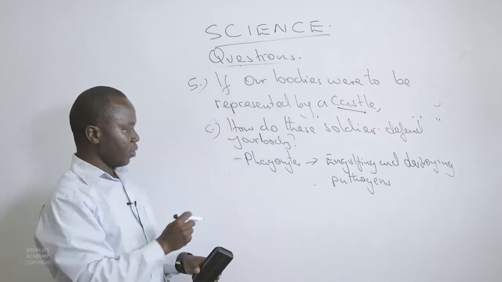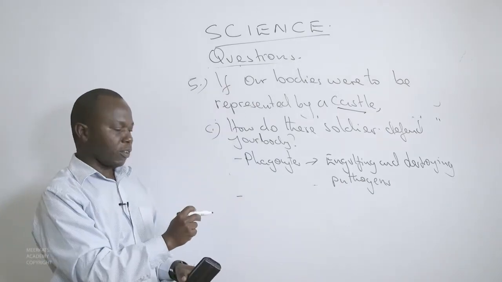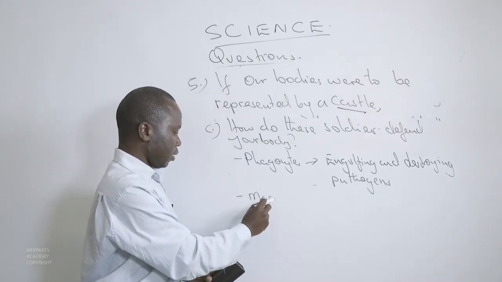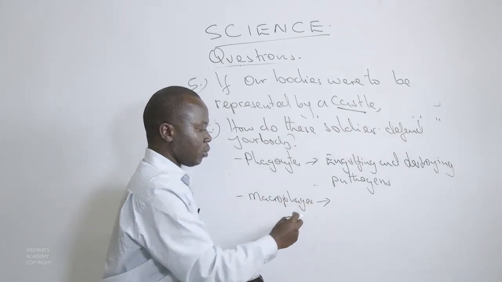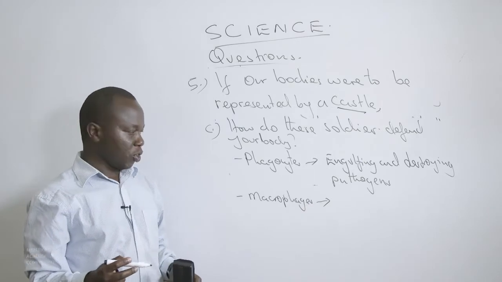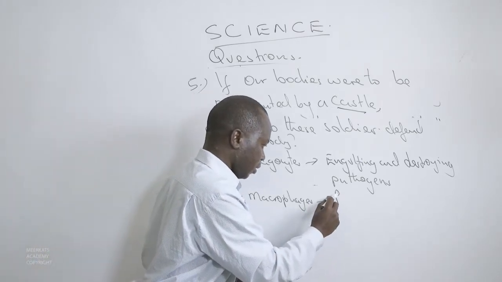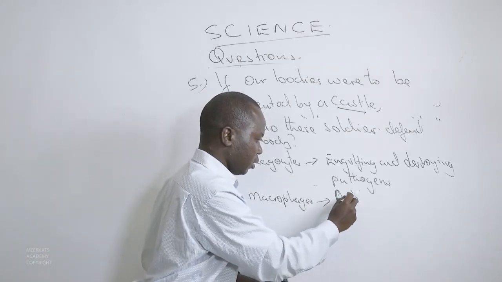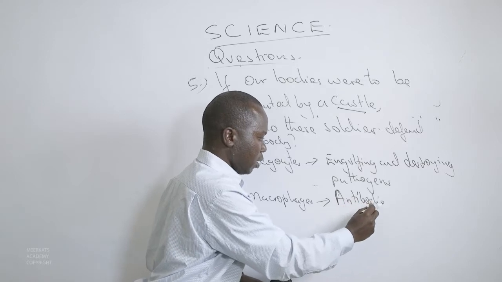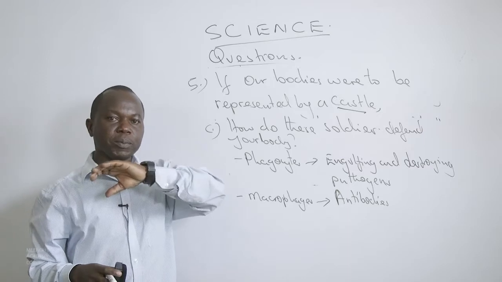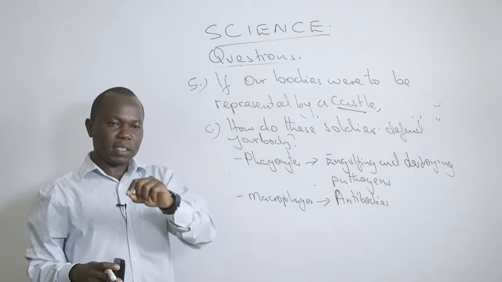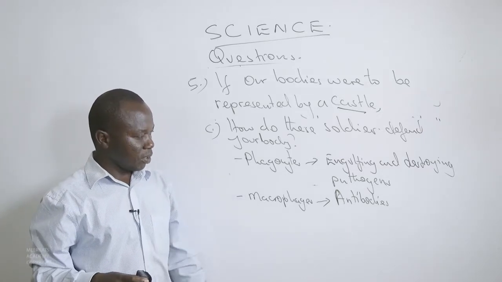If they are macrophages, they produce a special protein. They produce antibodies, specific to pathogens. We are going to have a specific antibody against a specific pathogen.